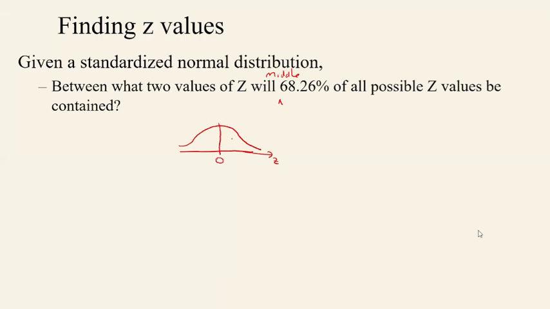Middle 68.26% means somewhere here we will get this middle 68.26%, right? So by symmetry, if this is ZA, then by symmetry this is minus ZA, right?